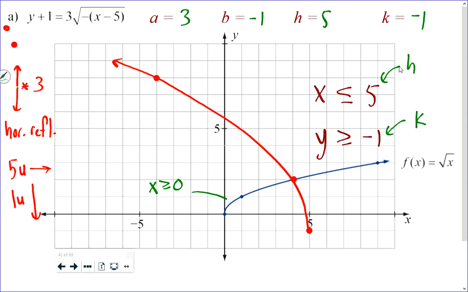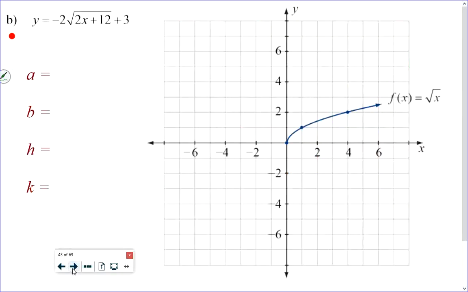But okay, let's try another one. There's the function y equals -2 root 2x plus 12 and then plus 3. Take a minute, please, everybody, and give some thought to the value of a, the value of b, the value of h, and the value of k.